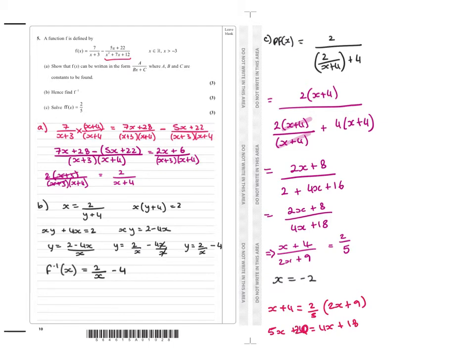And then I'd take away 4x from both sides to get x, and take away 20 from both sides to get minus 2. So you can do it either way, but as A-level mathematicians, we really should be making connections and looking at what will happen.